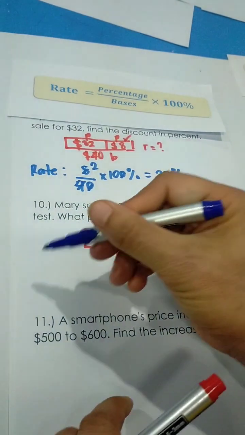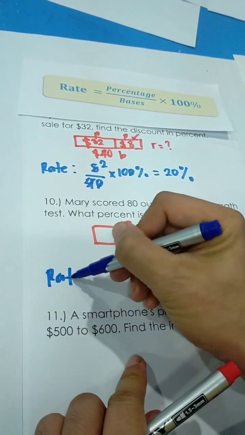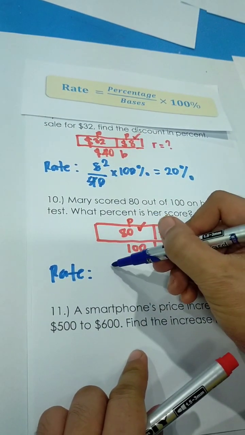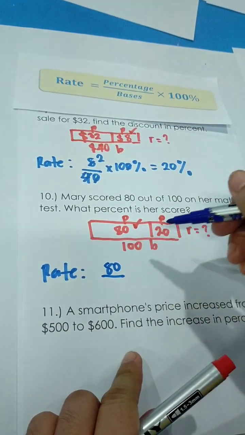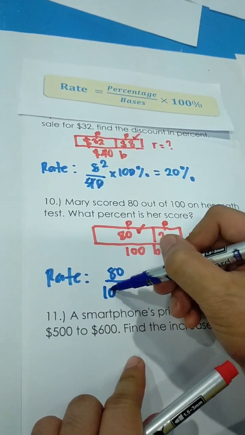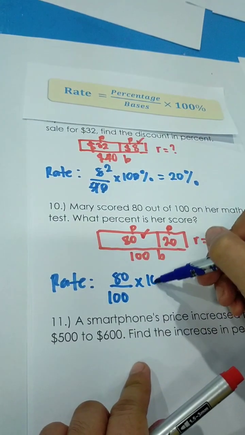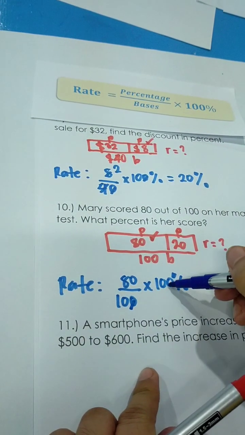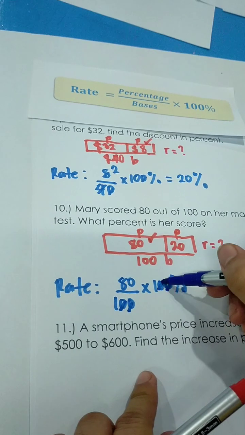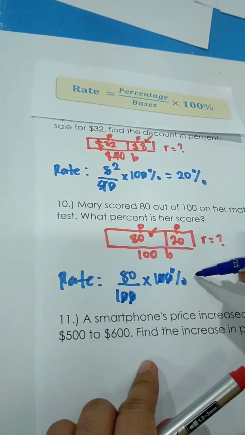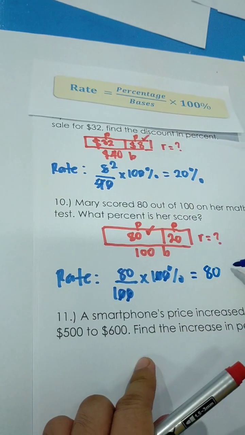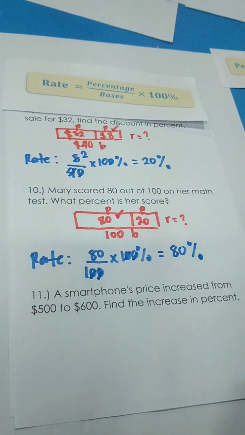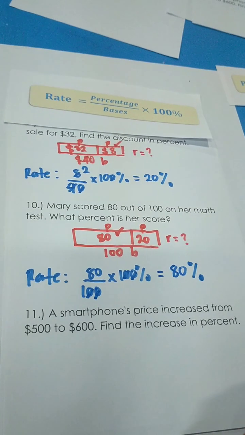Using the formula for rate, percentage is 80 over the base. We pair the zeros and cancel it. We have 80%. So she gets 80% of her score.